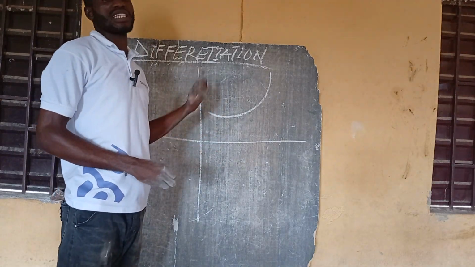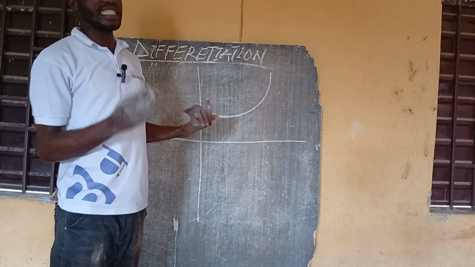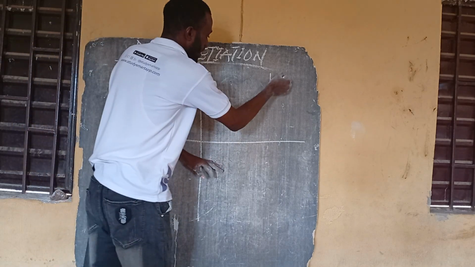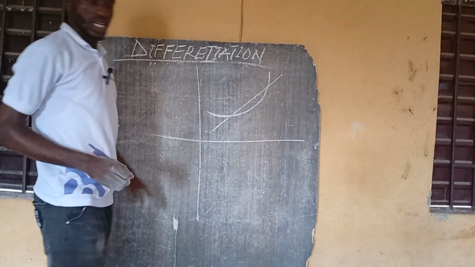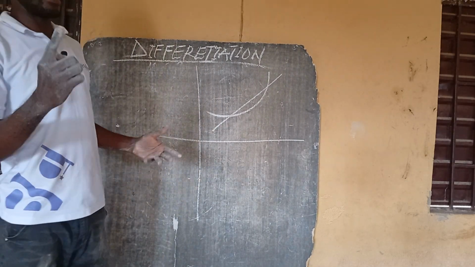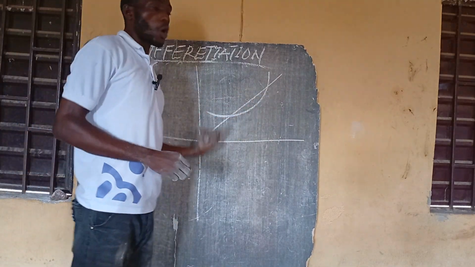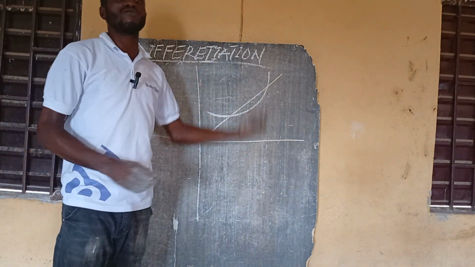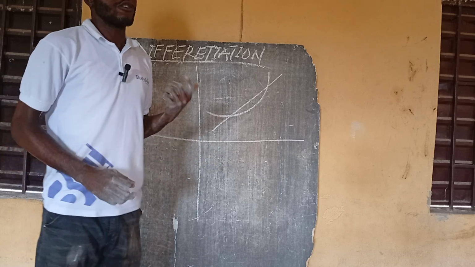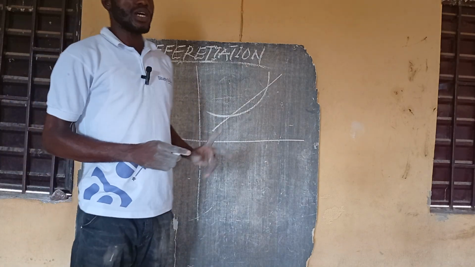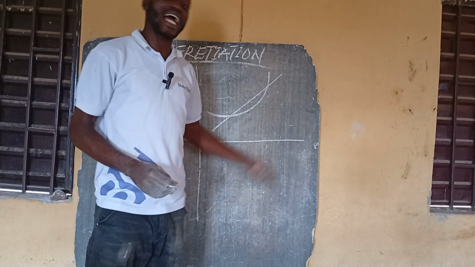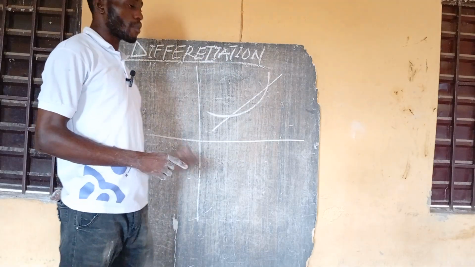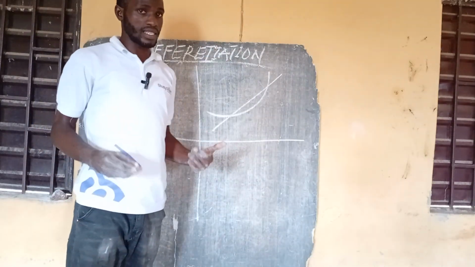So the idea they applied was that we draw a chord here. The gradient of this chord can tell us what the gradient of this curve will be at a particular point. Notice, one gradient does not work for the entire curve, simply because the gradient changes as the point changes. Does that make sense?